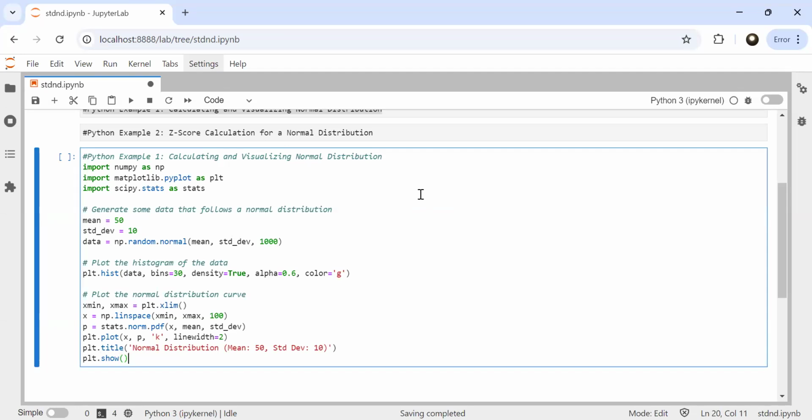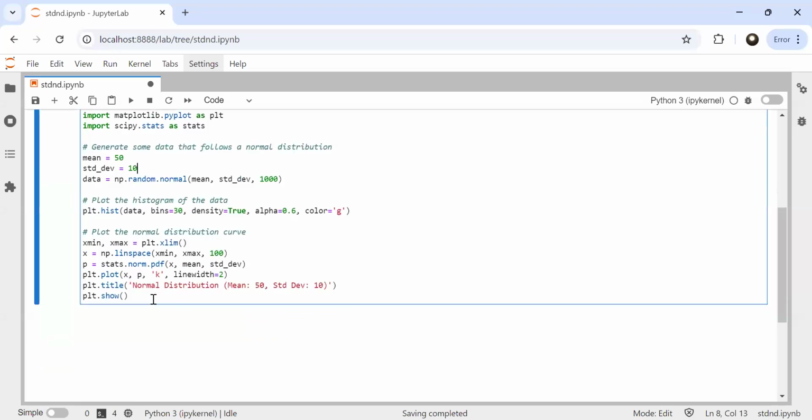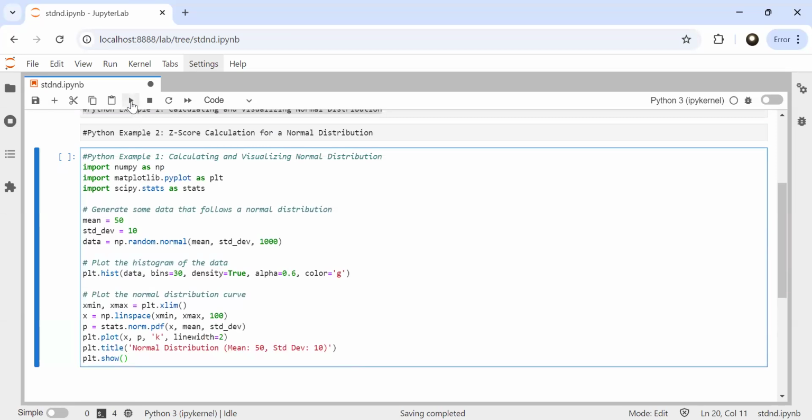So in this example, what we have done: the data is generated using a normal distribution with a mean of 50 and standard deviation of 10. A histogram is plotted to show the distribution of data, and the normal distribution curve is overlaid. So let us run this code and see what happens.